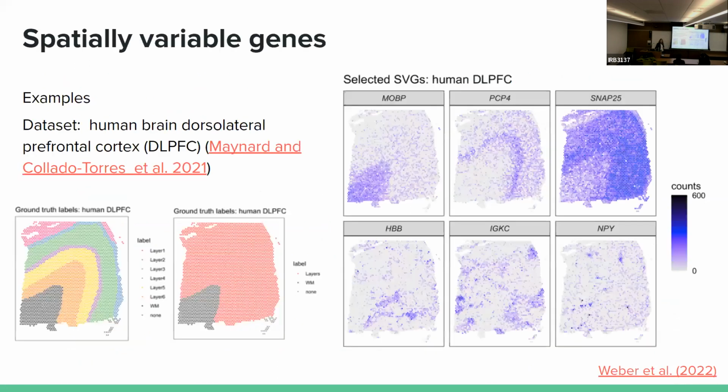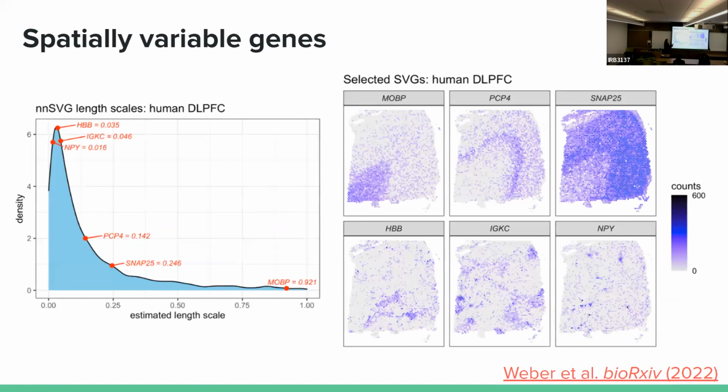And in this way, I'm showing you the distribution of L now, estimated across all the genes. MOBP, PCP4 and SNAP25 all have a large bandwidth parameter, and then HBV and these three all have a small bandwidth parameter.